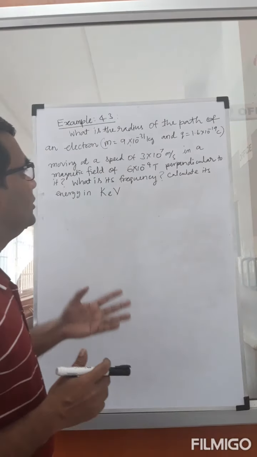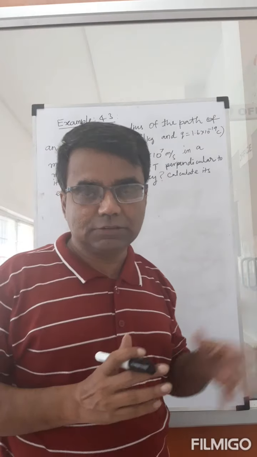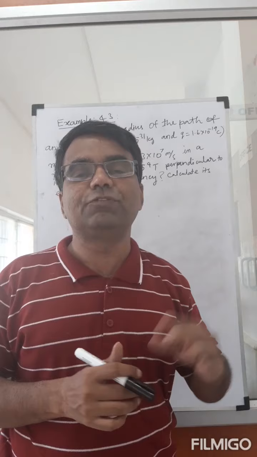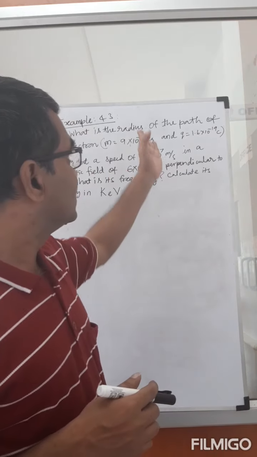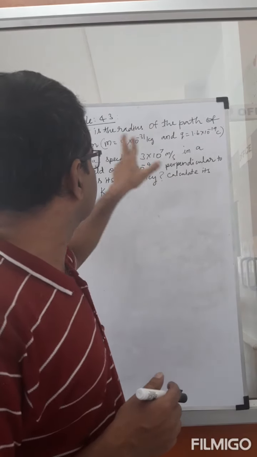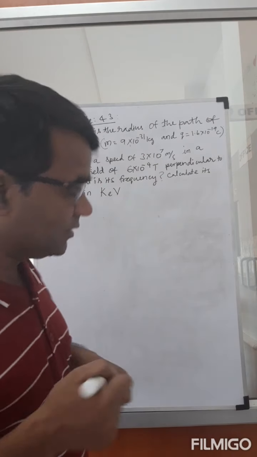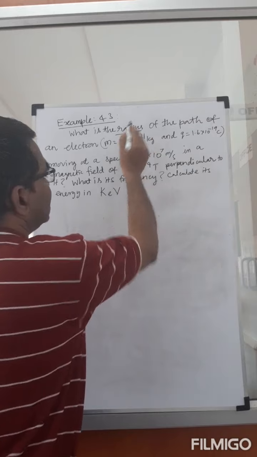Okay? It's a very easy problem. It's a straightforward application of the formulas basically. The first part is this. They want you to find the radius. So this is what they want you to find.